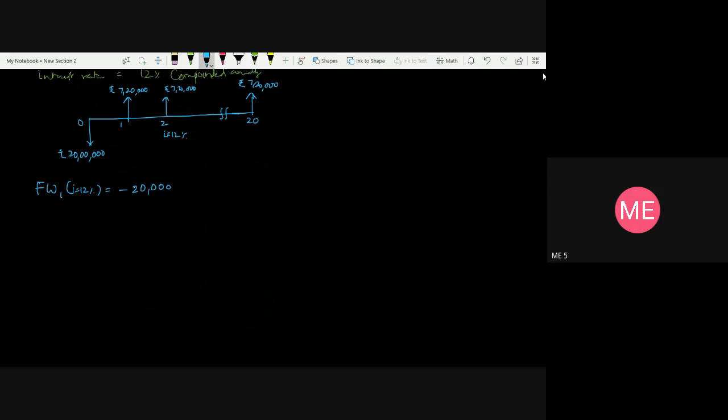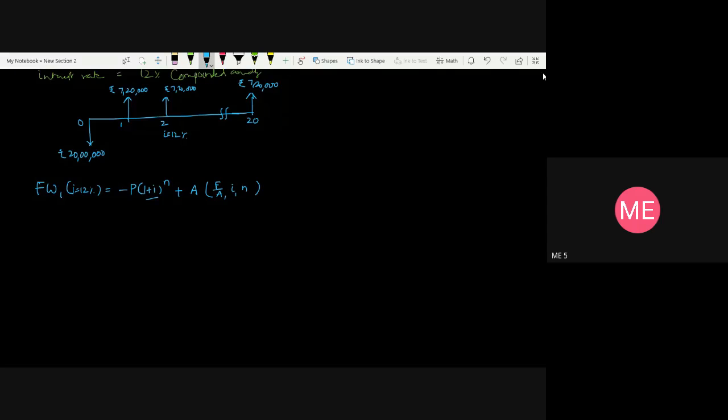I'll write the equation first, then go with substitution: minus P into (1 plus i) to the power of n, plus the annuity into F for the given A, i comma n.